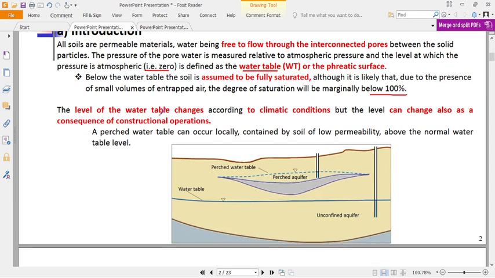The level of the water table changes according to the climatic conditions, but the level can also change as a consequence of construction operations. Why?